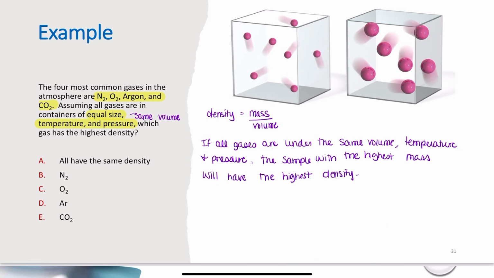I have the same temperature, same pressure, same size, which means I have the same number of particles, but those particles weigh differently.